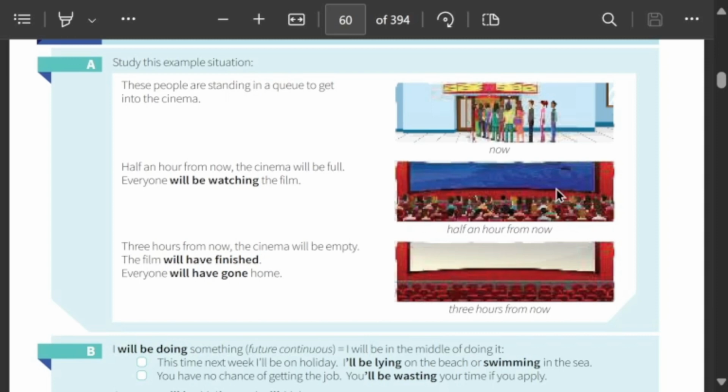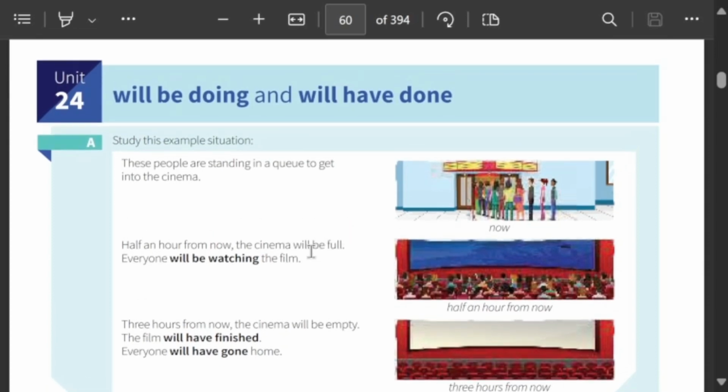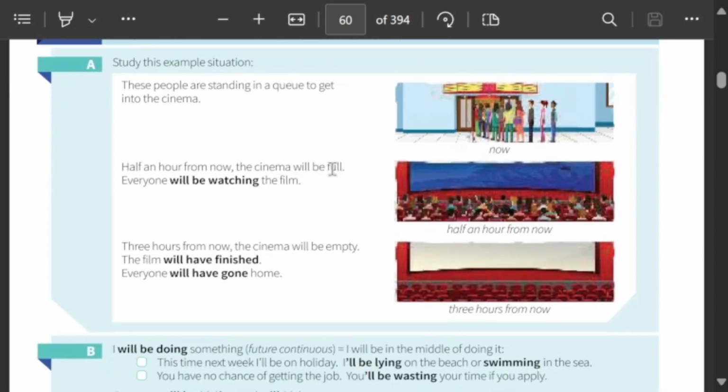Those people will be inside the cinema. See? Future, will be full. This is future simple. Will be full. Okay? Everyone will be watching the film.